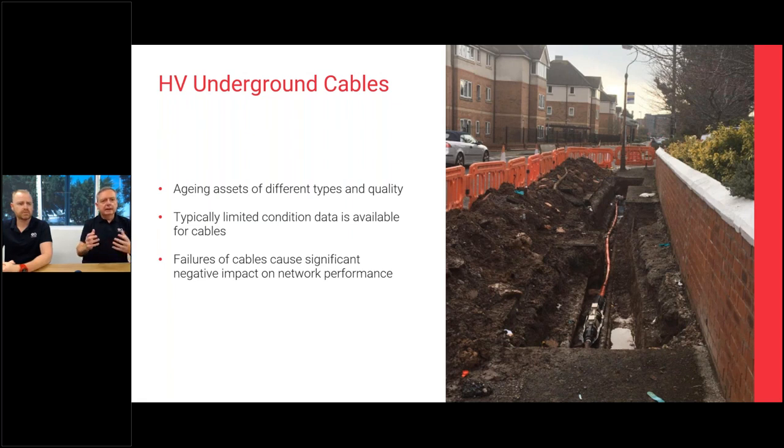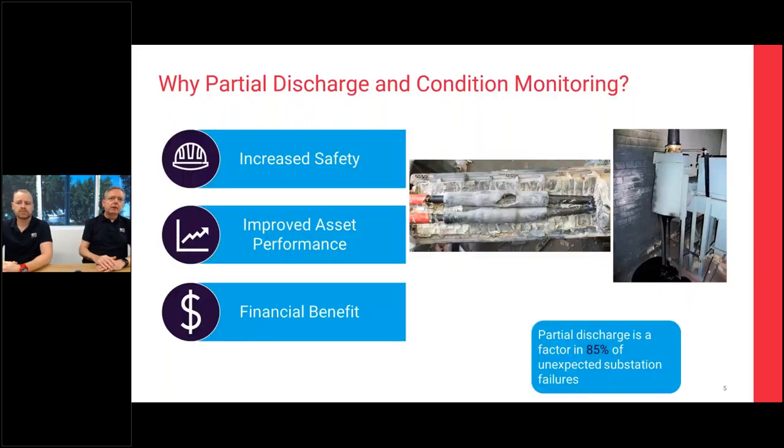So they're an important part of the network, and we've typically got relatively little condition data on them. Overall, why we do partial discharge and condition monitoring, whether on cables, switchgear, transformers or anything, is the three main focuses: increasing safety, improved asset performance, and of course a financial benefit.